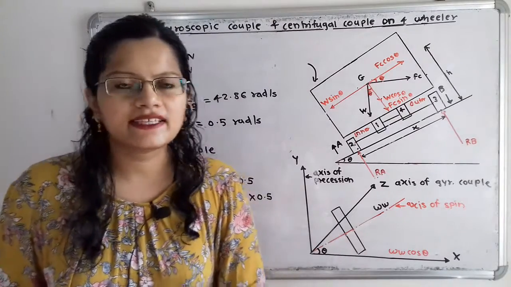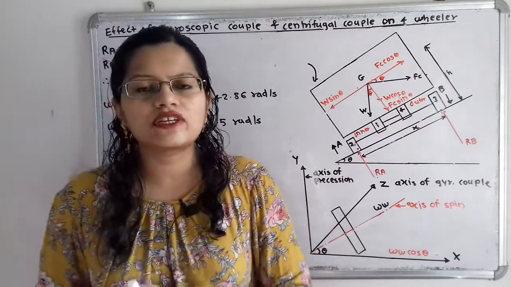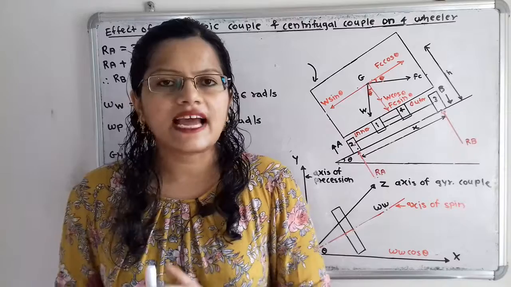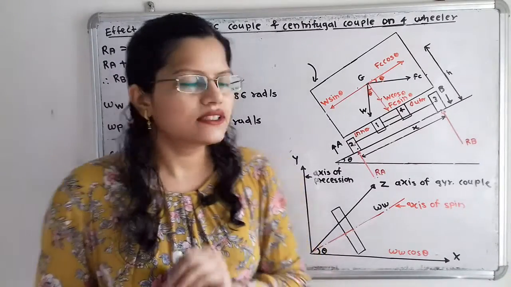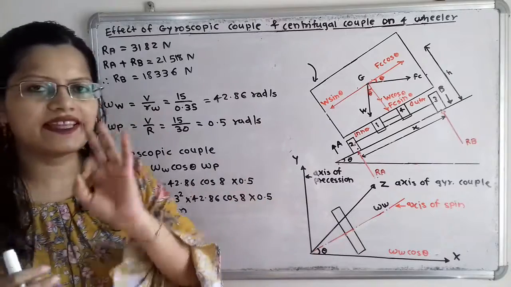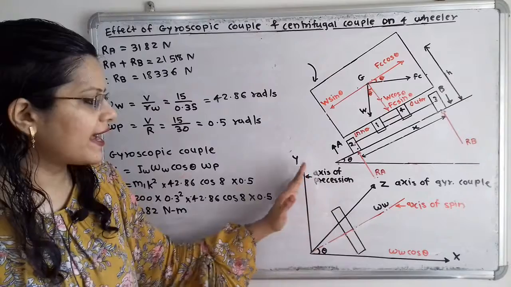Now here the axis about which the wheels are rotating is inclined, and that's why we have to use a different formula, because if we observe there are three axes which are perpendicular to each other, that is x, y and z.